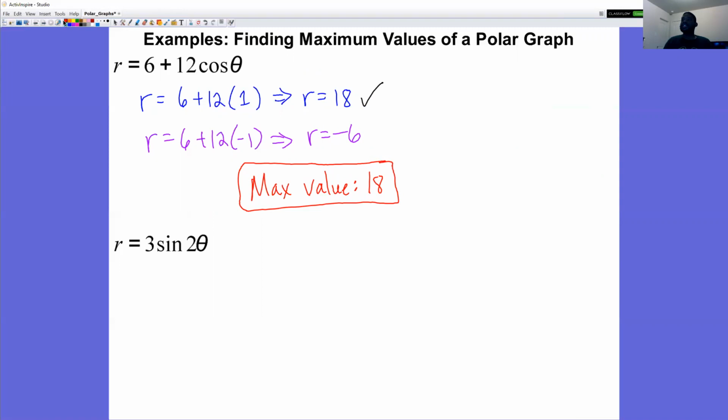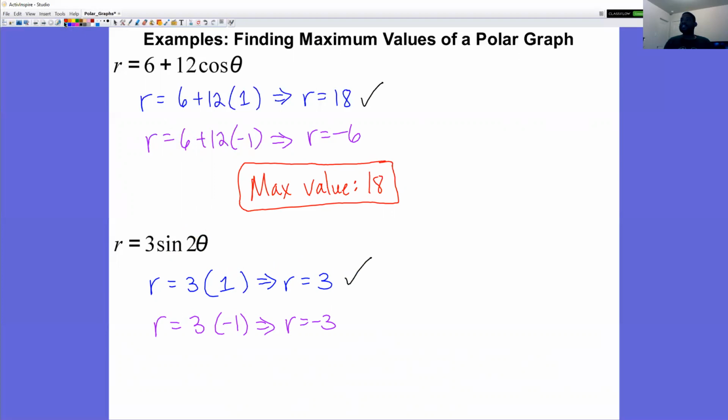For our second polar equation, we're going to do the same steps. We're going to change sine of 2 theta, that includes the whole thing, to 1, and we get a value of 3 here. Same thing with the other value. And as you can tell, this is the bigger value.